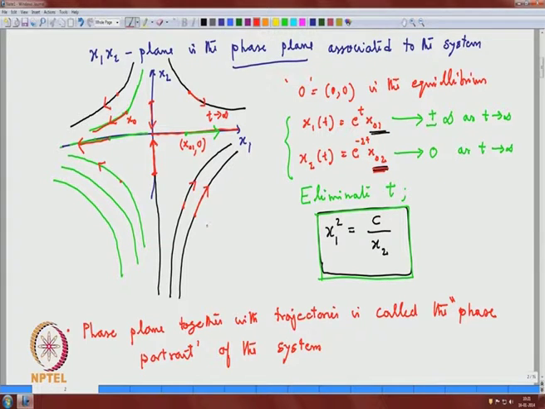So, this is the phase portrait, and it gives you the complete analysis of your trajectories and such an equilibrium point.